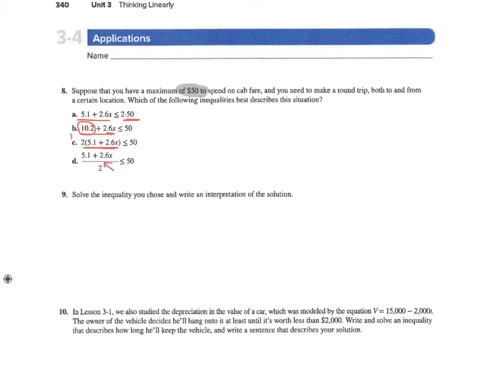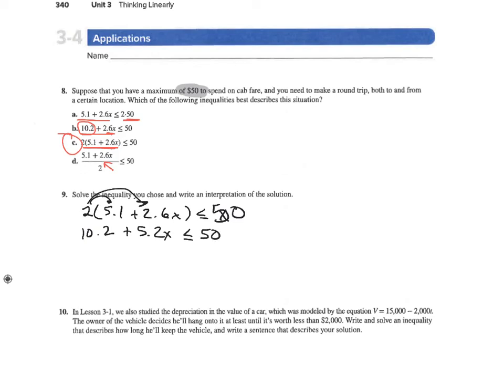So let's go ahead and try to solve C. Okay, there's a couple of ways that we could do this one. First of all, let's write down the problem correctly. Generally, we'll go ahead and distribute that 2. And that gives us 10 and 2/10 plus 5 and 2/10 x is less than or equal to 50.